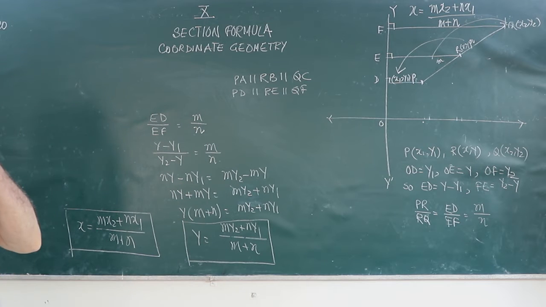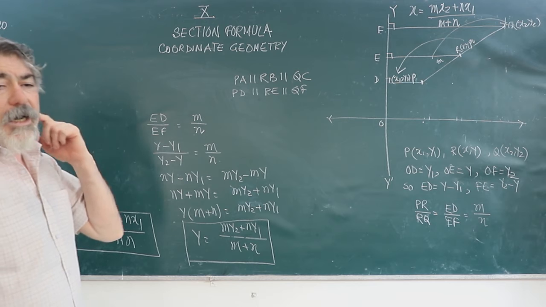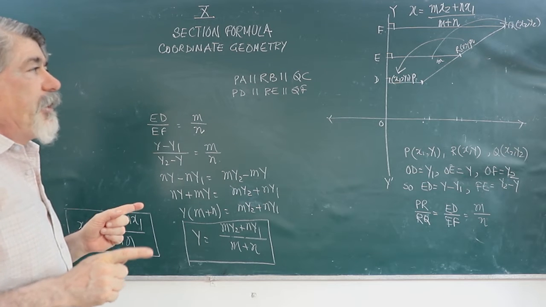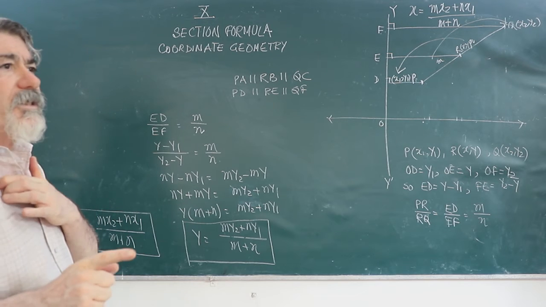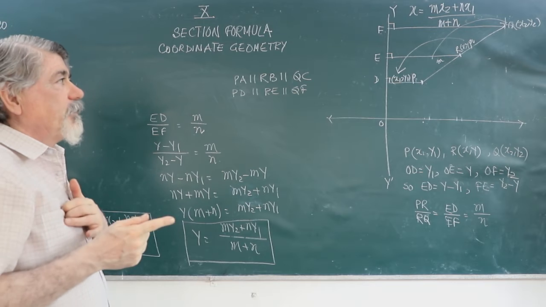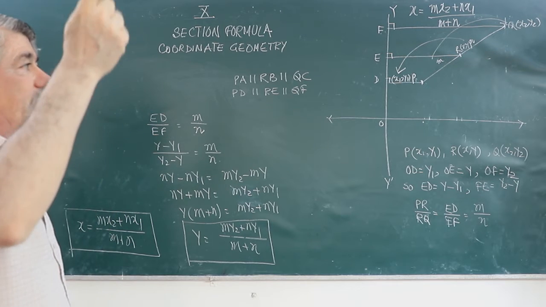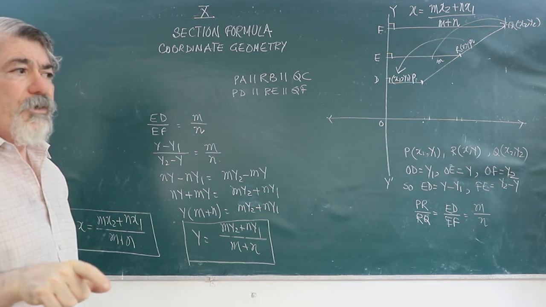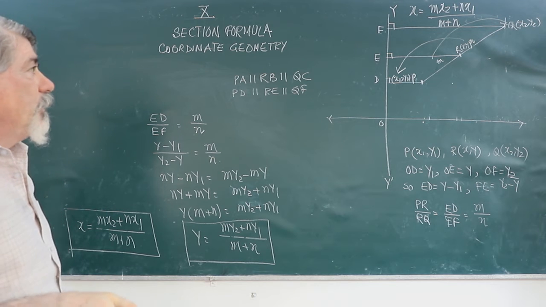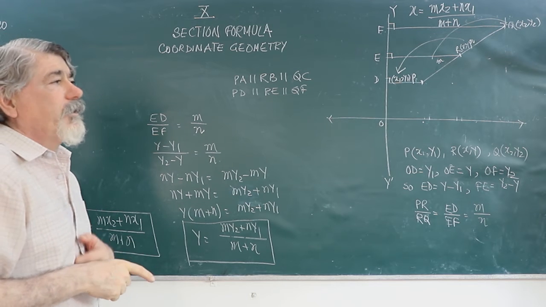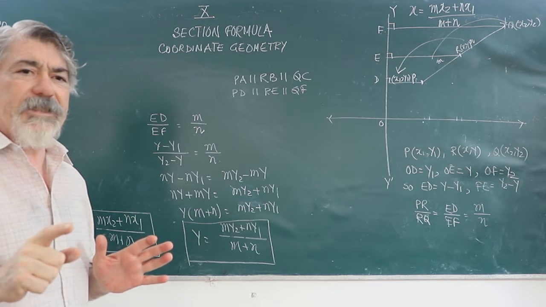Here the point R is in between P and Q. We are not going to discuss external division, where R will be outside the line PQ, because that is beyond your syllabus just now. We are only doing internal division, but in external division it is very simple.